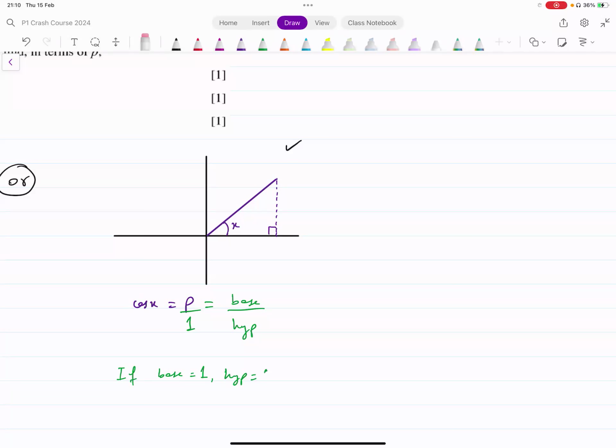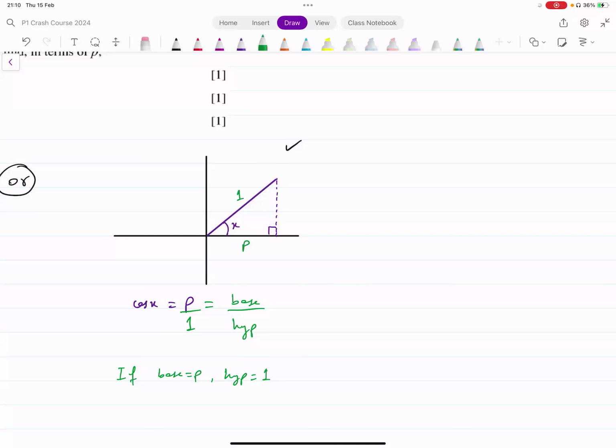So if base equals P, the hypotenuse should be equal to 1, right? If you compare the two. That means on this diagram that we drew there, if this side is P, this is supposed to be 1. All right? That's just the ratio.